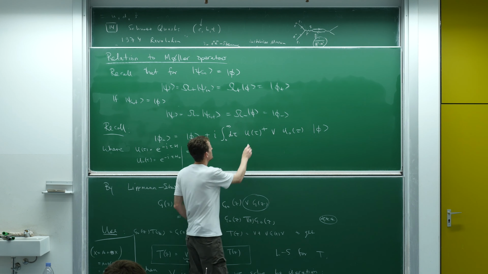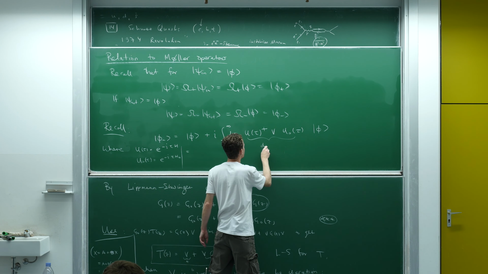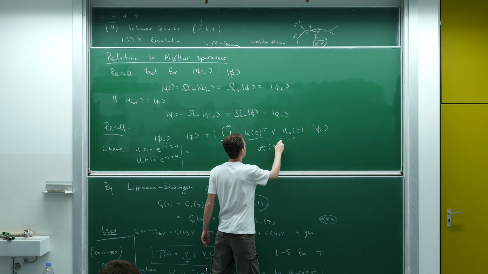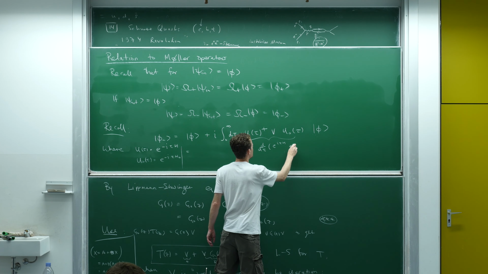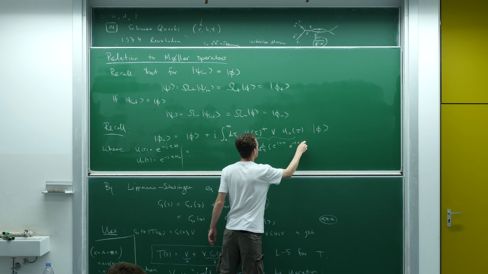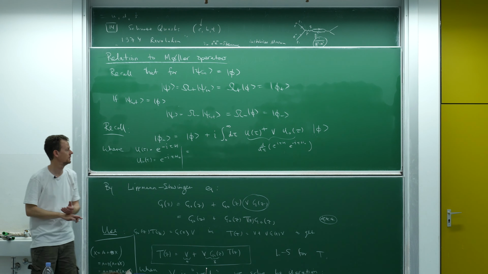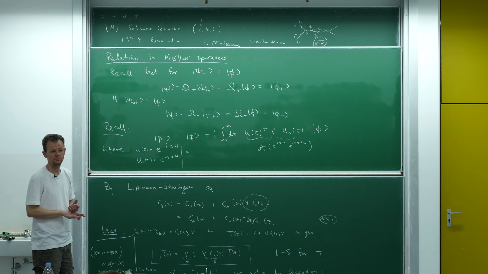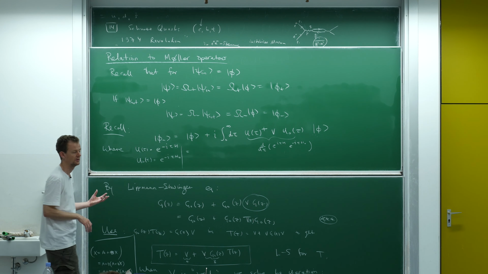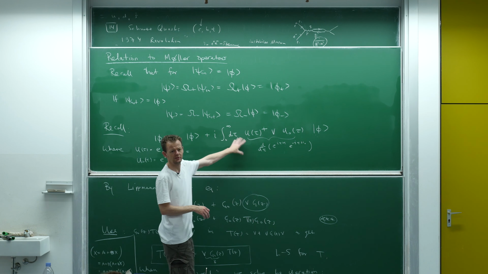So this thing here, what is it? Well, it's like the derivative with respect to tau of e to the i tau H, e to the minus i tau H naught. That's what the integrand is there. It's a derivative. So we're integrating a total derivative. And what do you get when you integrate a total derivative?